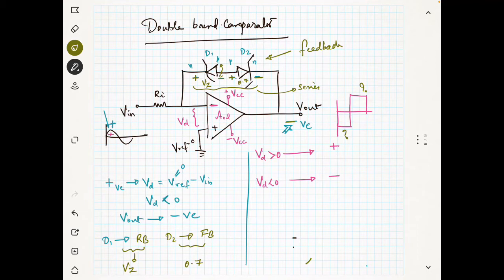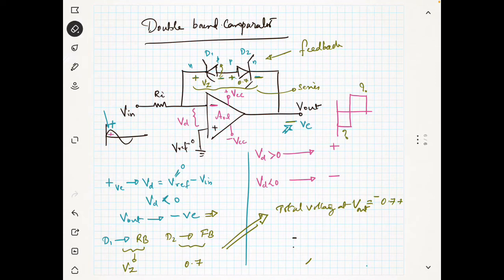The total voltage at V out is equal to minus 0.7 plus, I will write it in the next line.